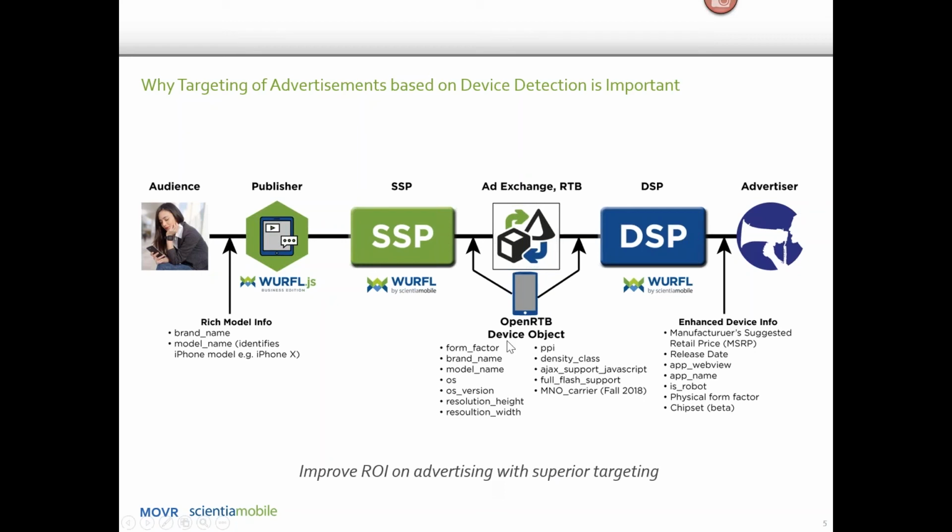And then finally, as you get further up toward the advertiser, they have more incentive to really use interesting device capabilities to identify segments. So whether it's the price of a phone or when it was released, there are a number of capabilities we can help the demand side platforms and advertisers use to target their advertisements.